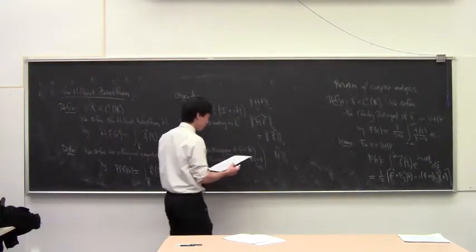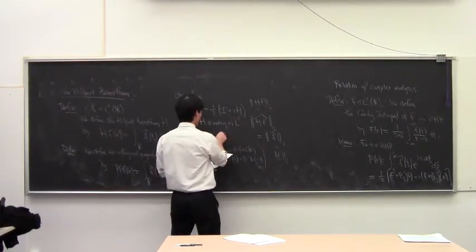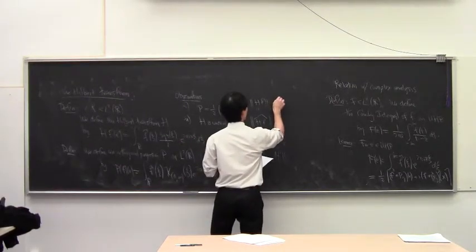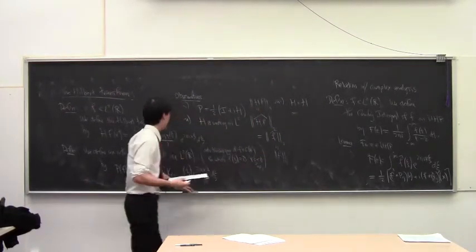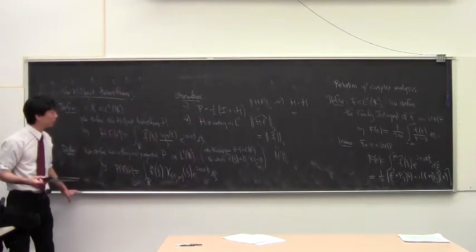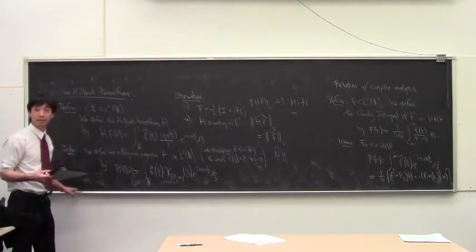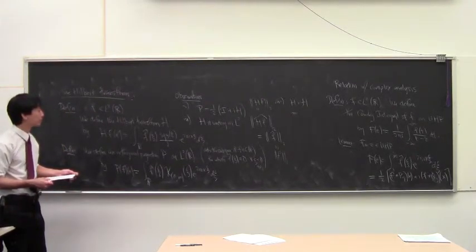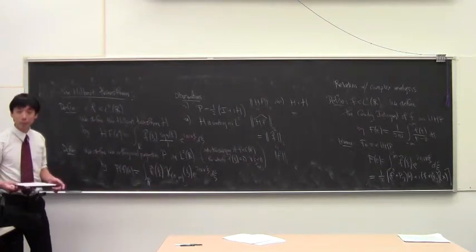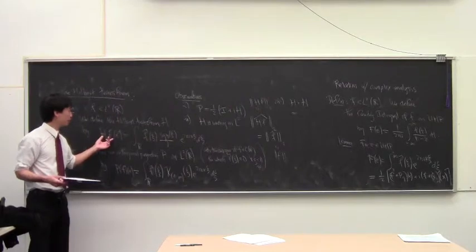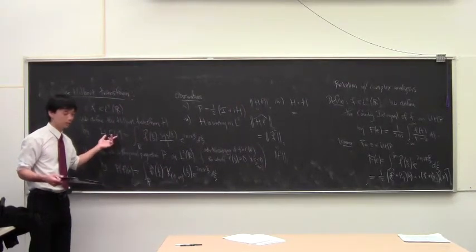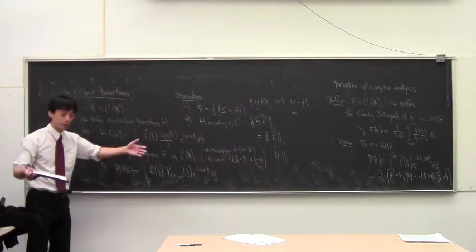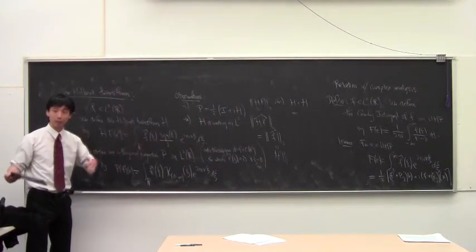And another observation that we want. Third observation is if we look at the composition of H with H, what is it? What does H do? Well, you think of it as you take the function, you take its Fourier transform, multiply the Fourier transform, and then flip it back.